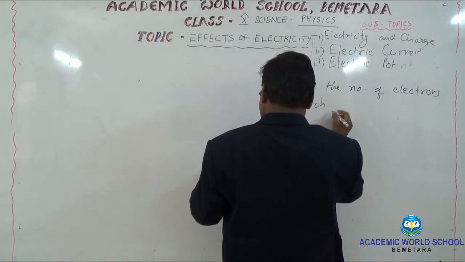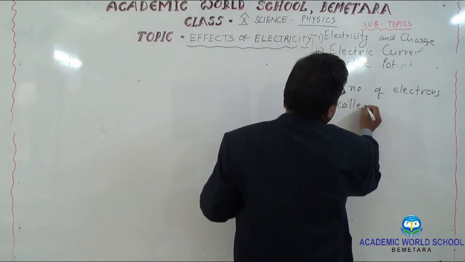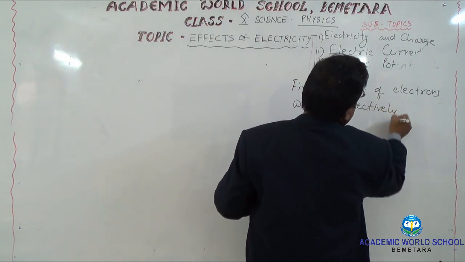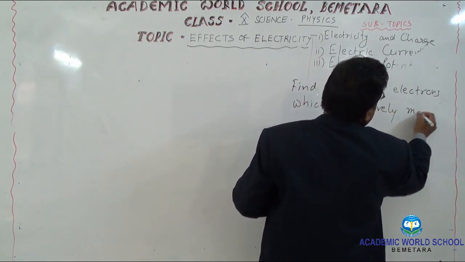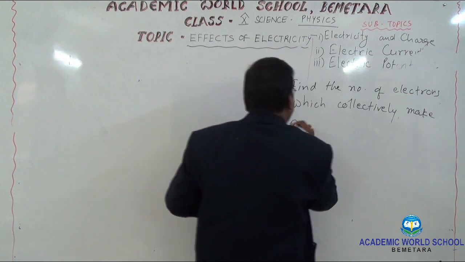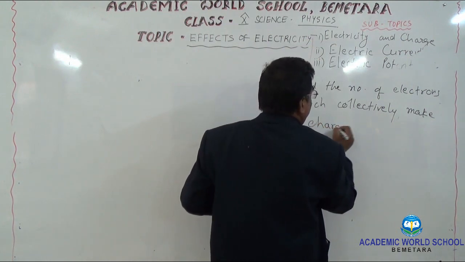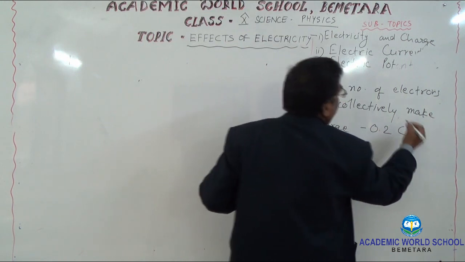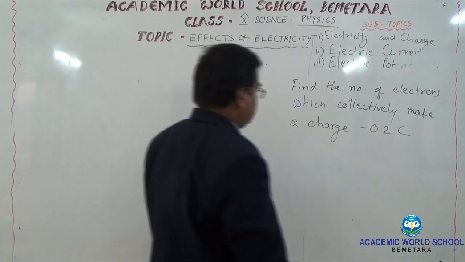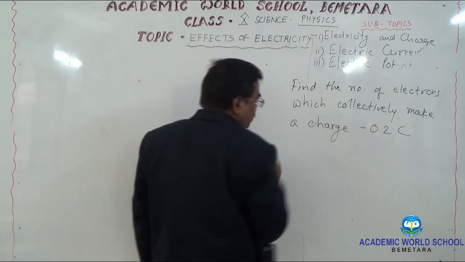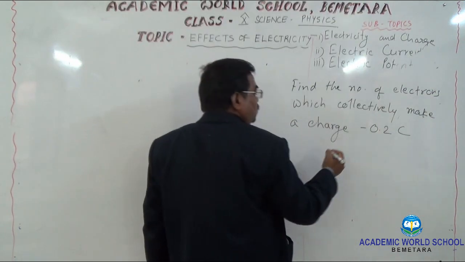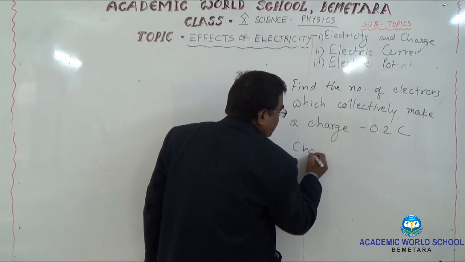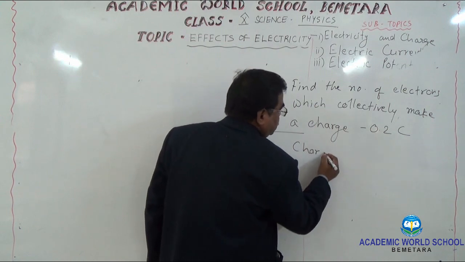Find the number of electrons which collectively make a charge of minus 0.2 coulombs. So, you know the charge of an electron, let's solve it.